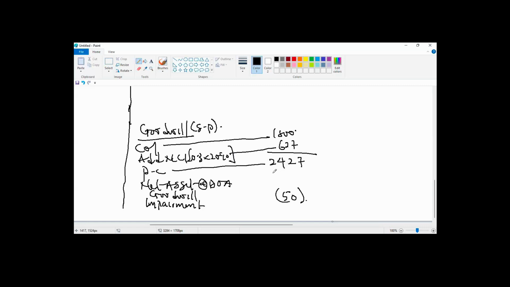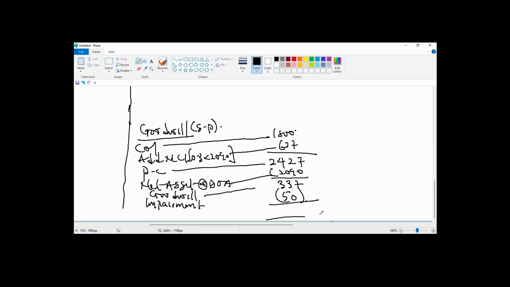Net assets are less. What is now the goodwill? 2427 minus 2090 is 337.